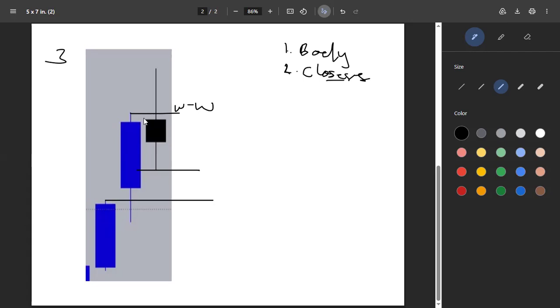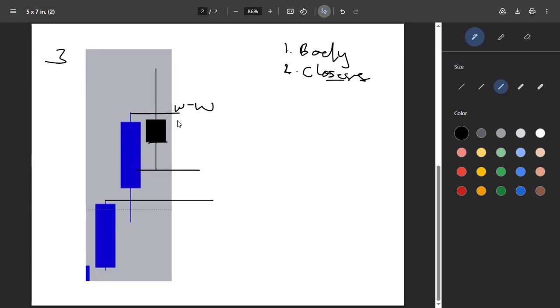And not just weak-to-weak, but also the third candle closing with different participants, meaning we have a bullish fair value gap, but the third candle is a sell candle, a selling candle.